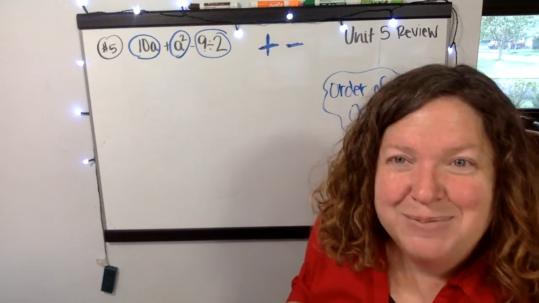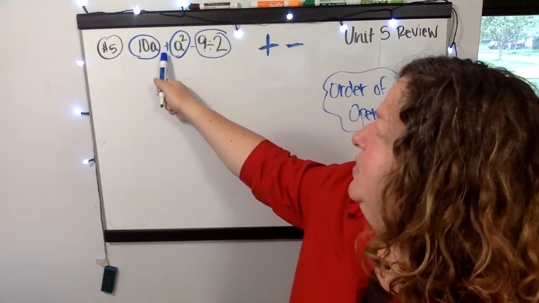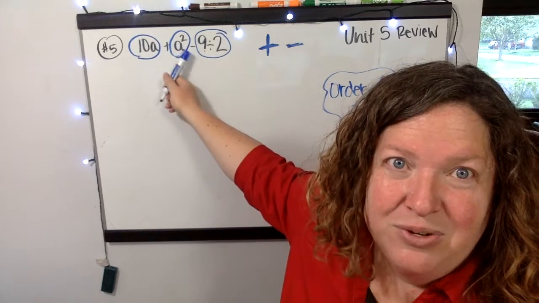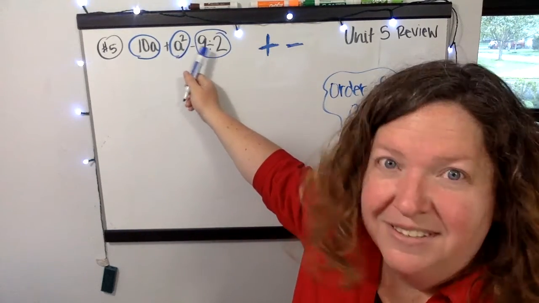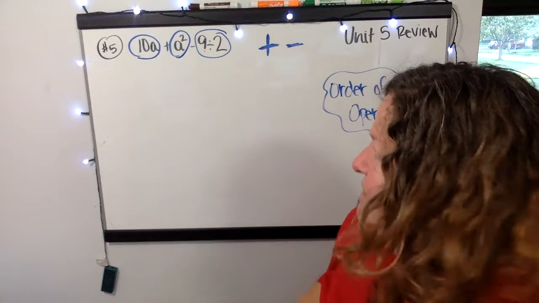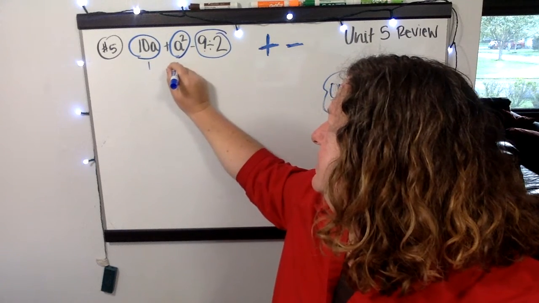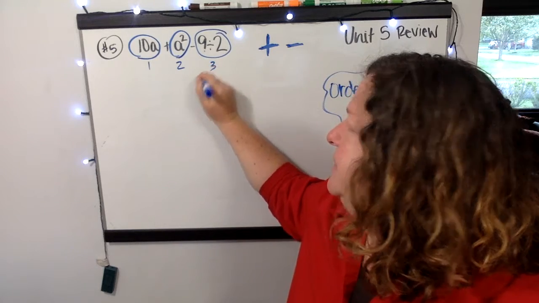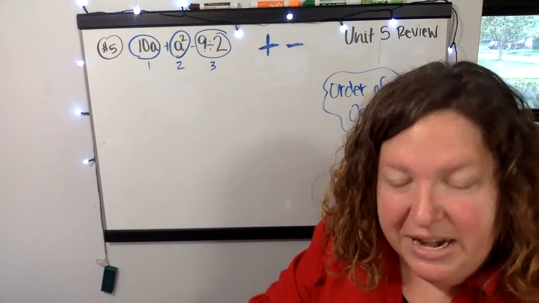Now we're to adding and subtracting. Take a look. These two are being added, these two are being subtracted. So we found the terms. Here's one of the terms, there's a second term, and there's a third term. And how do we know?